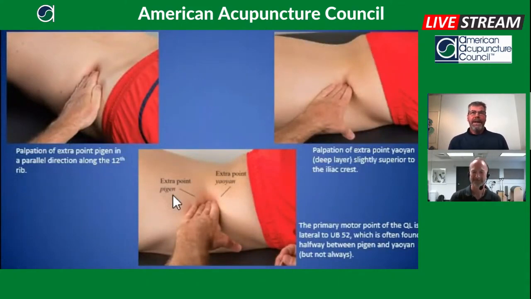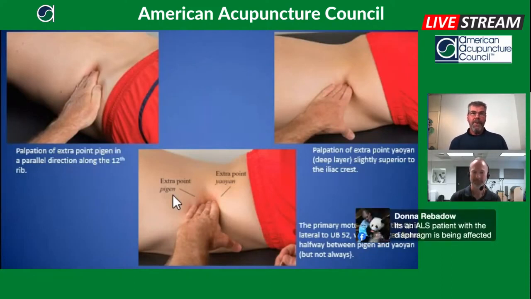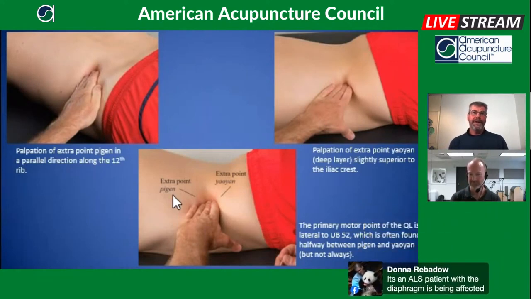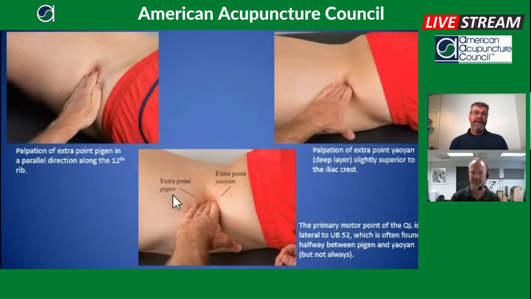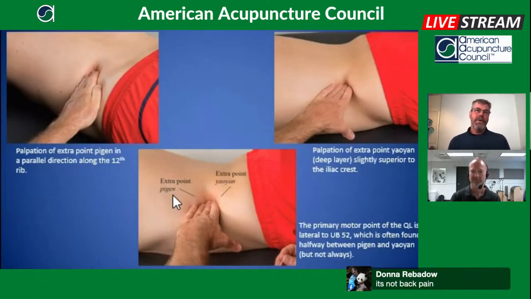In the upper left image, you can see palpation of the extra point Pigen. We know that Pigen is located 3.5 cun lateral from the lower border of the spinous process of L1. Really what I'm going for in this particular case is the corner pocket, I call it. It's where the iliocostalis and the Quadratus Lumborum attach to that 12th rib, and you're palpating along the 12th rib from the lateral aspect up into that corner.